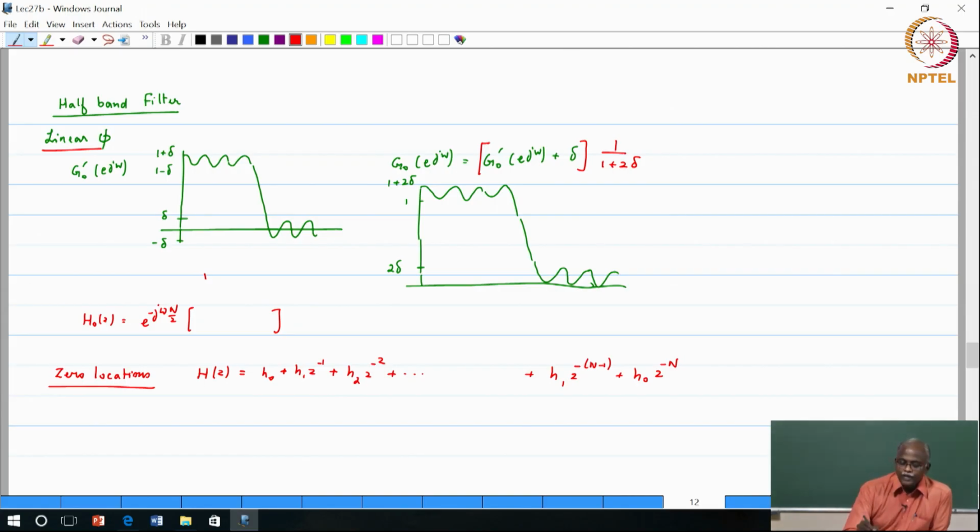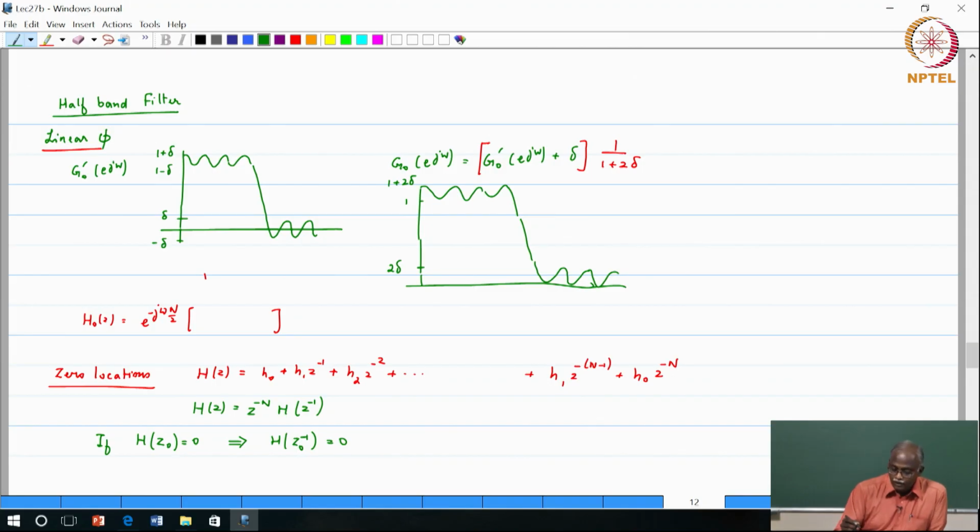Okay. So, you can verify that h of z can also be written as z power minus n h of z inverse. These are real coefficients. So, if I have a 0, h of z naught equal to 0, if this is true, this automatically implies h of z naught inverse also has to be equal to 0.